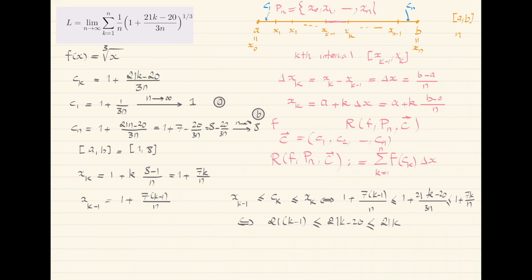But I have one simple problem. The problem is that delta x is not 1 over n. So what is delta x in this problem? Delta x is b minus a divided by n. But b is 8, a is 1, so it becomes 7 over n.